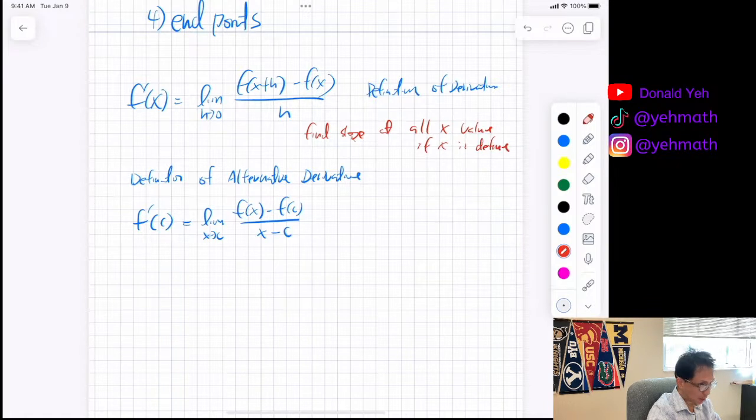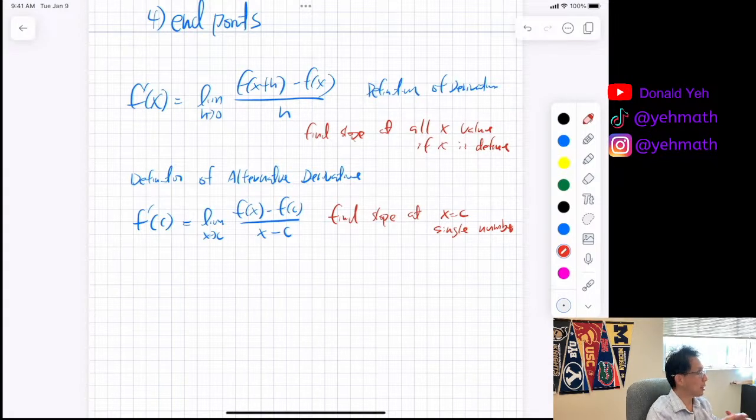That means there is no asymptote, there's nothing. If x is defined, then it's fine. This one is to find the slope at x equal to c, which is a single number.